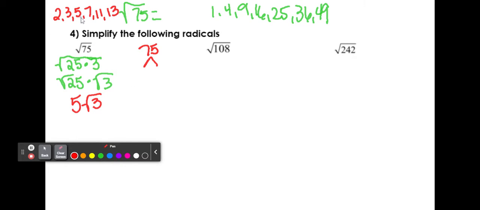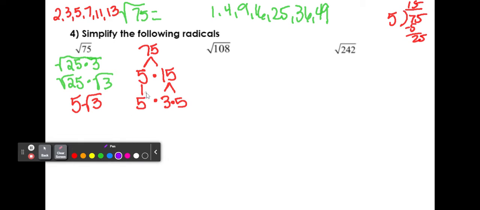I know that 5 goes into 75 times what? 5 times 15 is 75. Just do that math on Desmos. 5 is a prime number, so I still need to factor 15 to its prime factorization, which is 3 times 5.